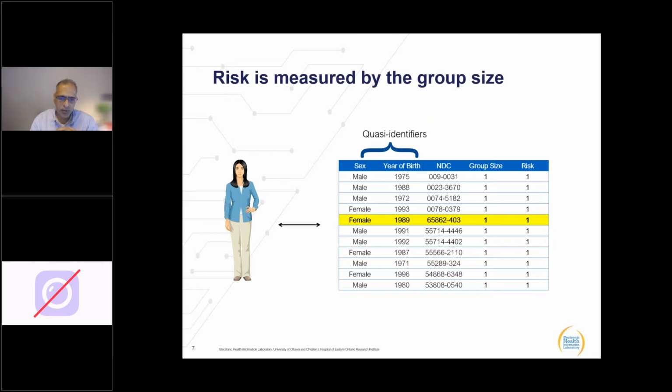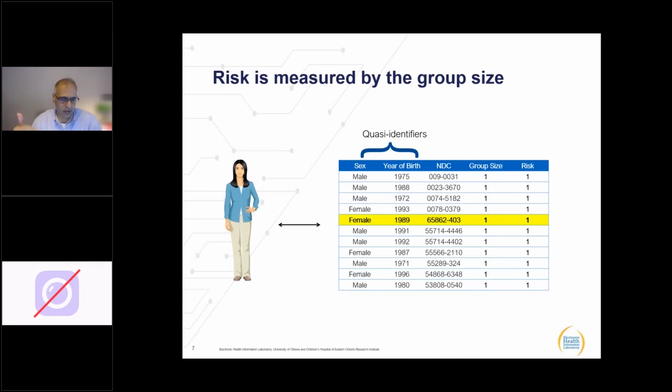We have one female born in 1989 in this data set, and therefore the group size is 1, and the risk is measured as 1 divided by the group size, which in this case means 1. So this is unique in the sense that the female born in 1989 is unique in the data set, which gives you the highest possible risk, and that uniqueness is one measure of risk.